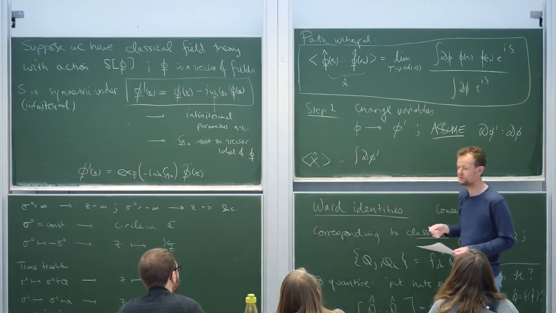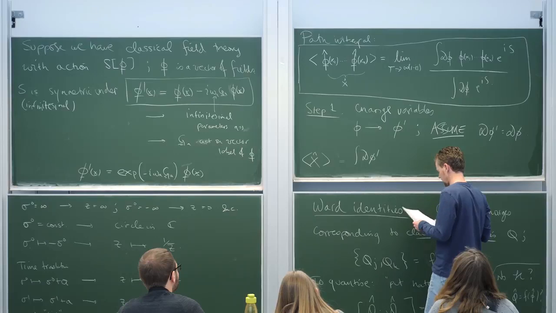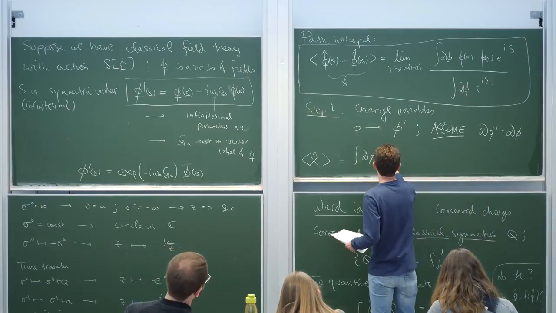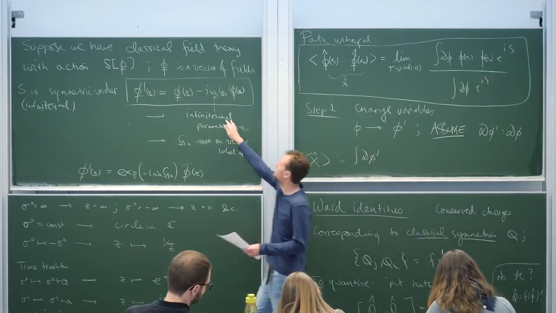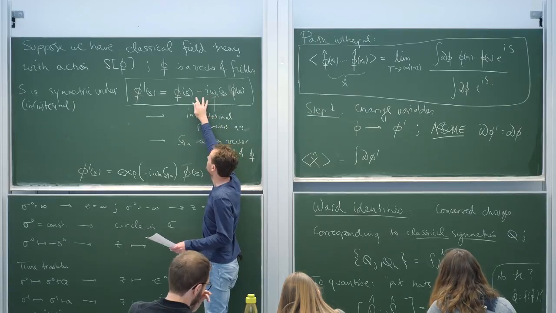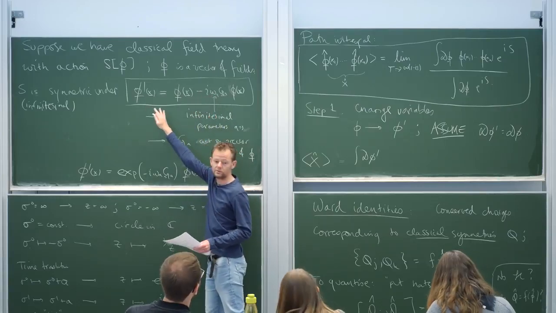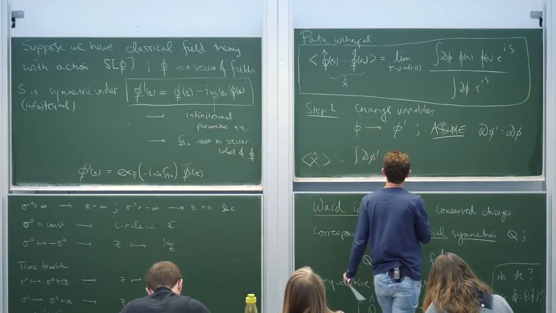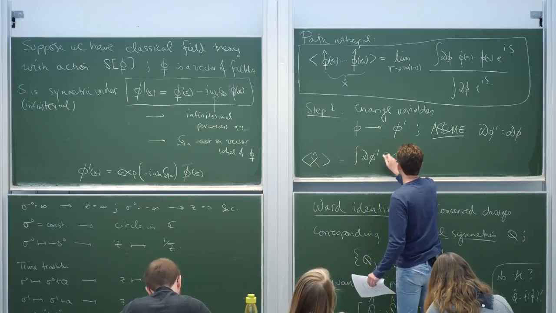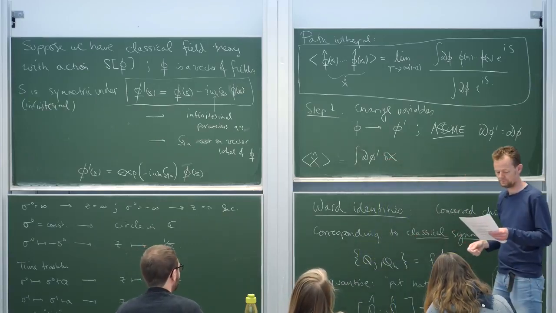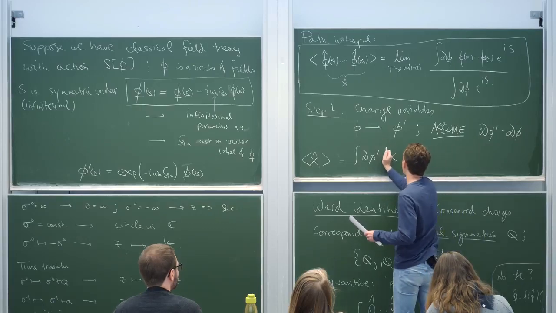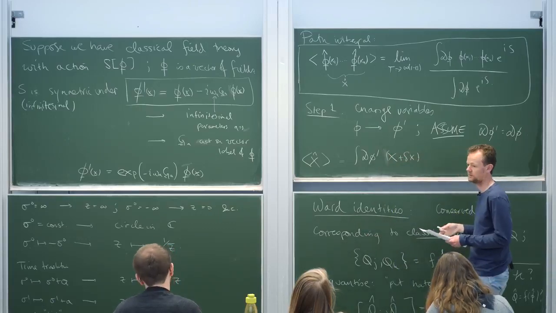I'm changing the variables, and then I've got to express each of those phi's in terms of phi primes, which means I have to undo this symmetry over there, so I add it on. I'm just going to write that as d of x, or x plus d of x. I'll explain what that means in a second, but I hope it's kind of clear.